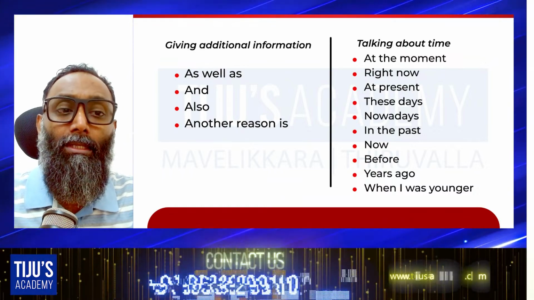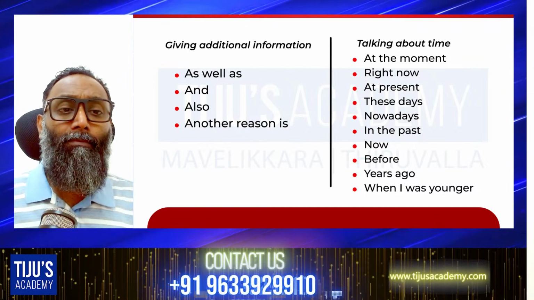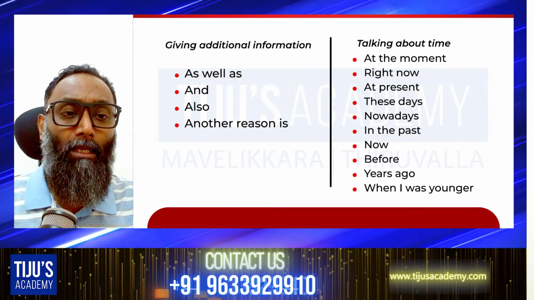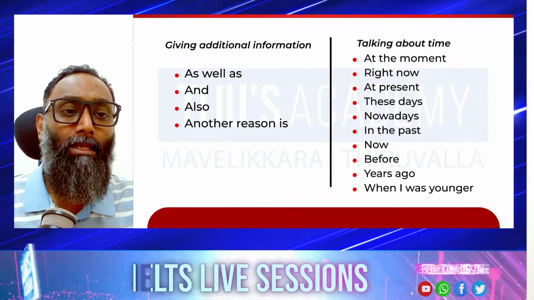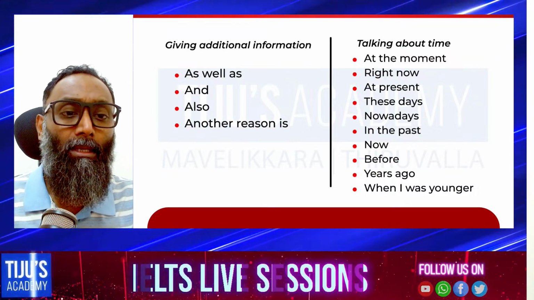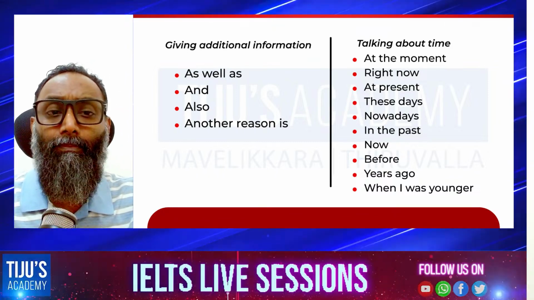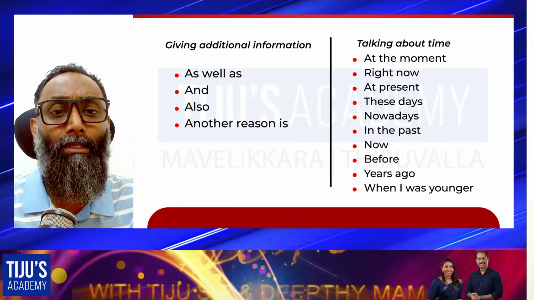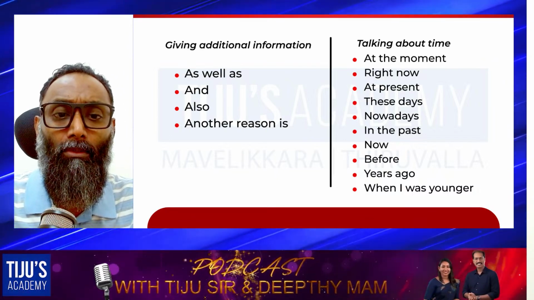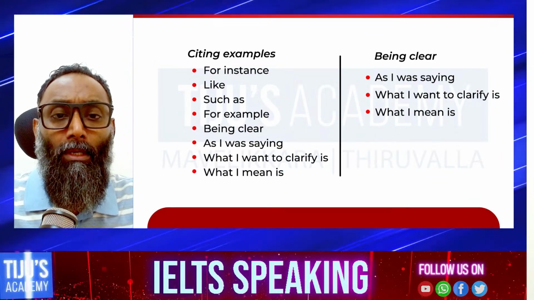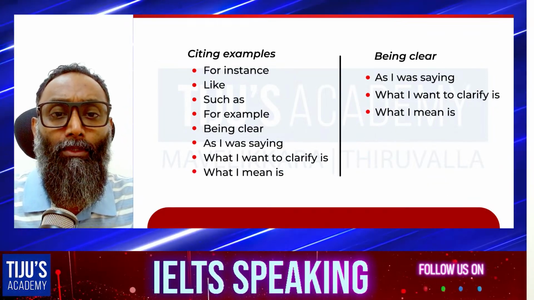You can use these linking words and phrases when you're talking about time. So for giving additional information: as well as, and, also, another reason is. According to the situation, you can choose what kind of linking words and phrases to use.